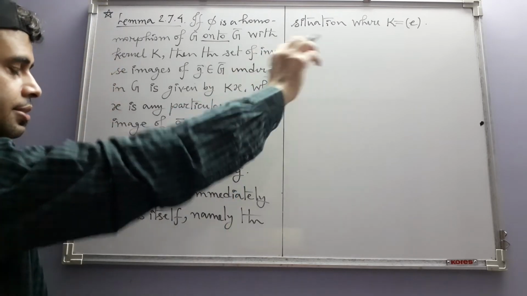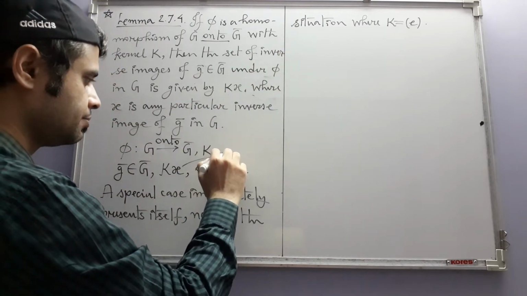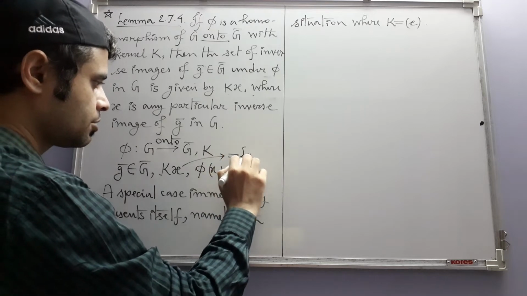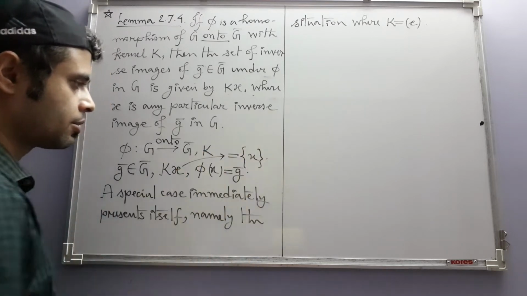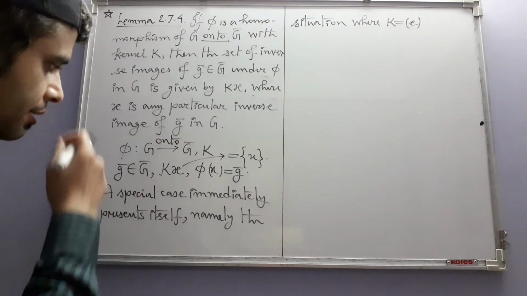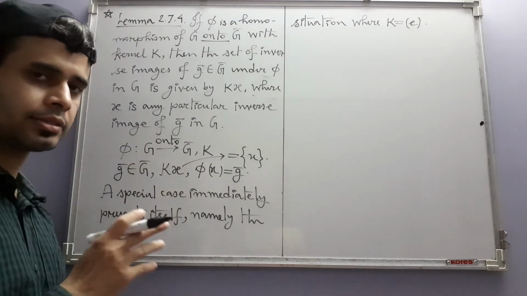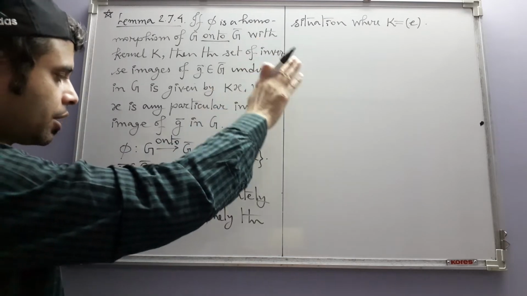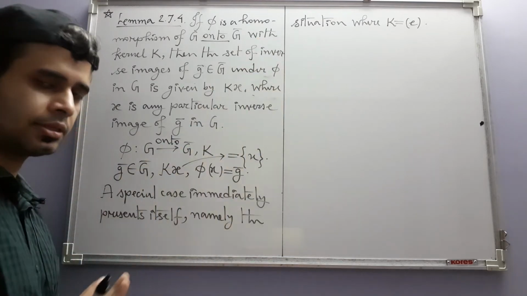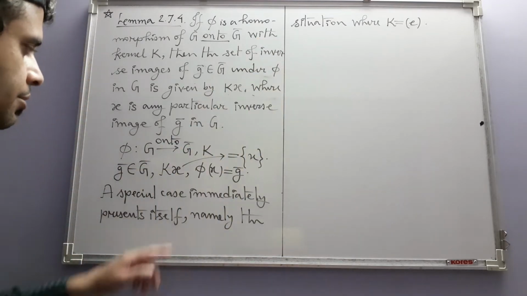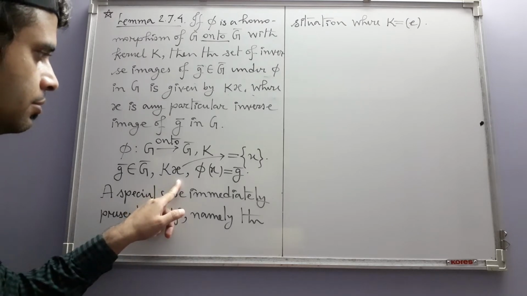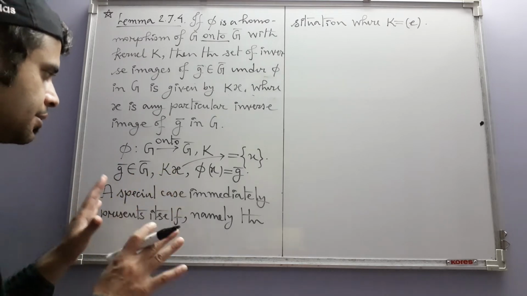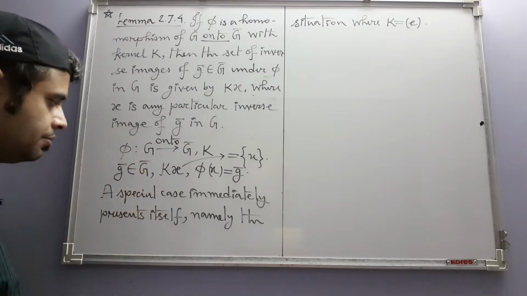Clearly, if K is identity, then this coset becomes equal to the singleton set consisting of X. We already know that the coset Kx has X as an element in it. If K is in particular E, then Kx is X. It's a singleton set. So what does this tell us about the map phi?